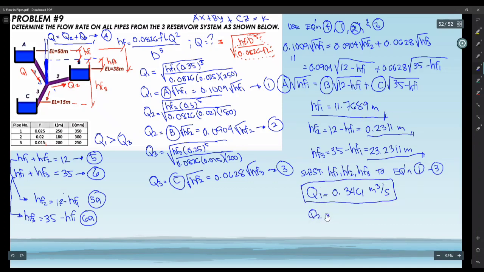And then Q2, that is equals lang sa beta times the square root of HF2 na 0.2311. Okay, so that is 0.04346 cubic meter per second.